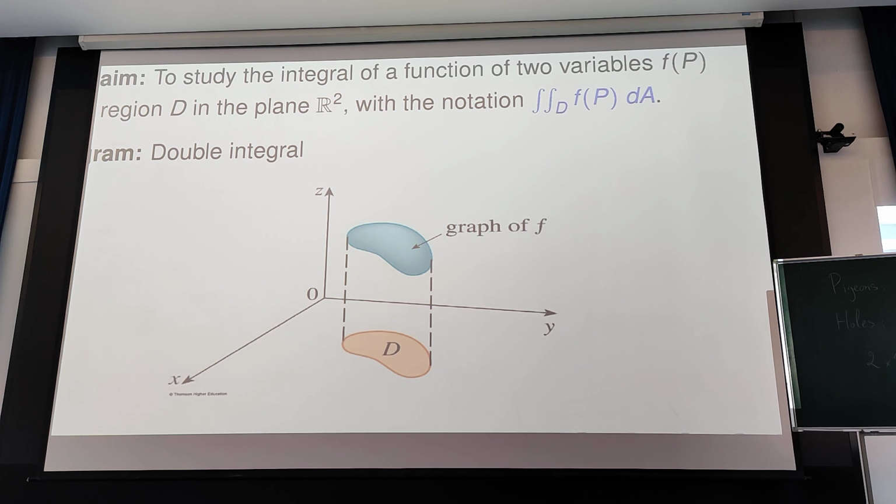And we consider this two variable function on a domain D, a region in the xy plane. So the very similar question we can ask is, what is the volume of the solid bounded by this surface and on this region, right?